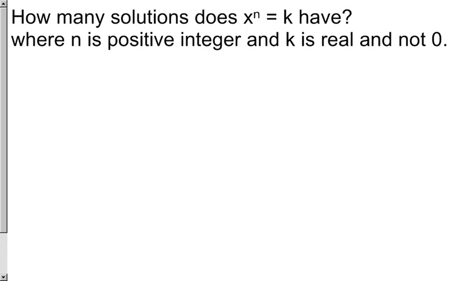Given that x to the n equals k, where k is not equal to 0 and n is a positive integer, you will have exactly n complex solutions in the complex plane, including multiplicity, which I'm going to talk about in a minute. But you get up to n in the real number system.